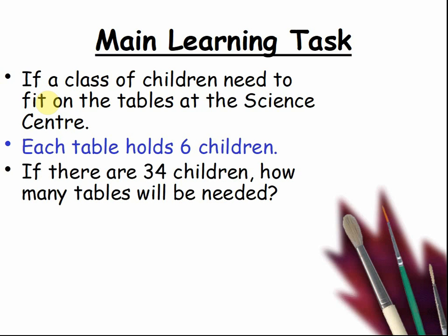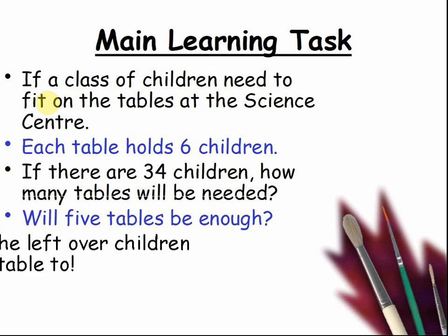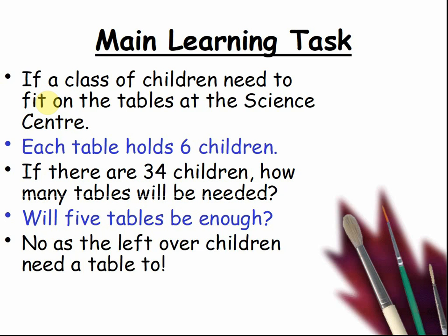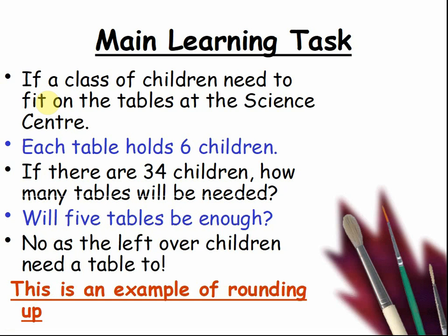Pause the video and try to work it out. Did you work out 5 tables would be enough? No, as the leftover children need a table too. This is an example of rounding up. So the answer was you would need 6 tables.